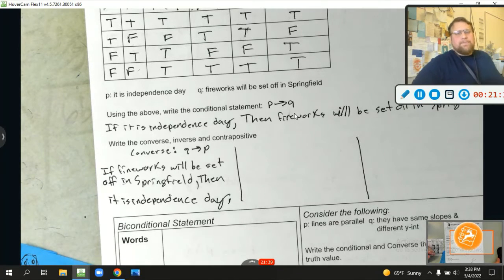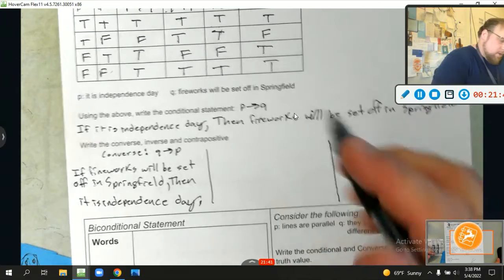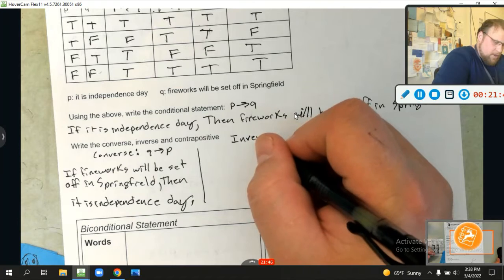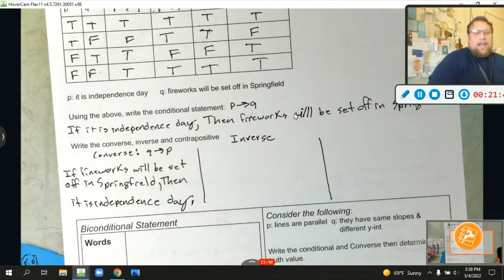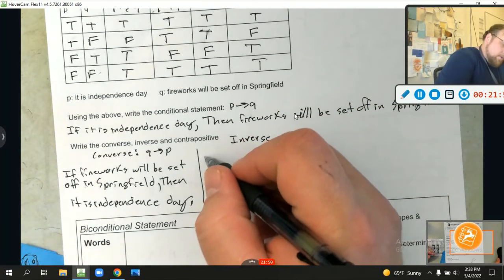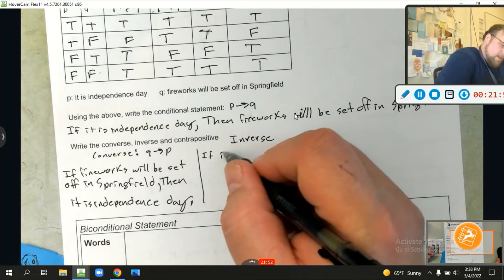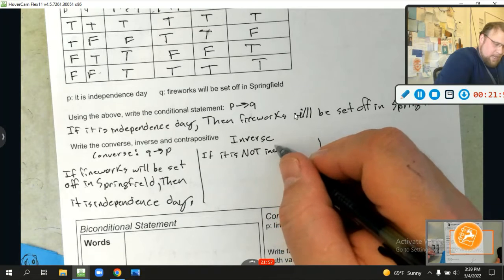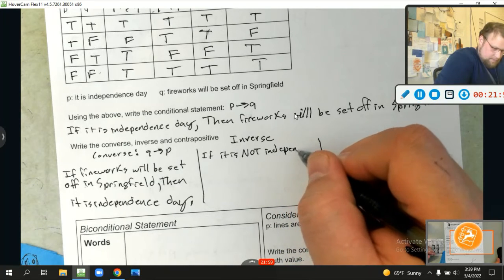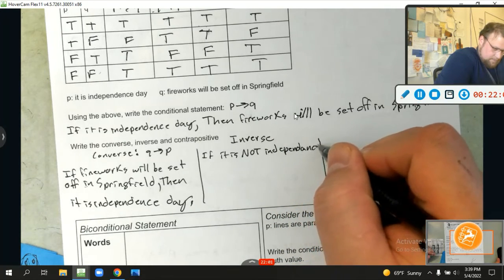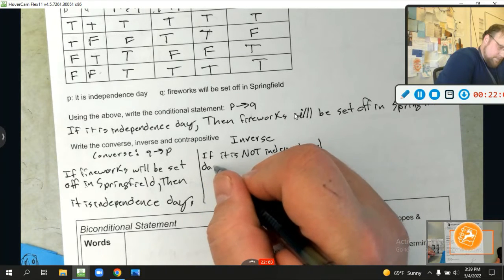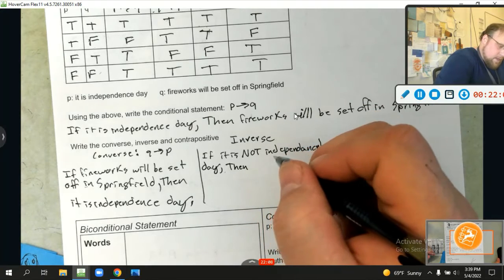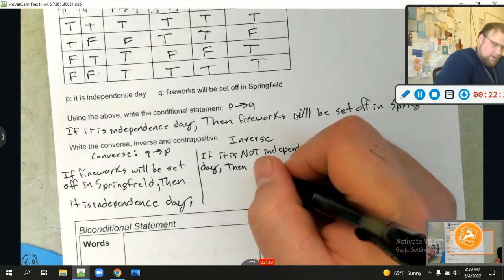We flipped it around. Now let's go on to the inverse, which means we keep it in the if P then Q order, except we negate each one. So I'm going to say if it is not Independence Day, then fireworks will not be set off in Springfield.